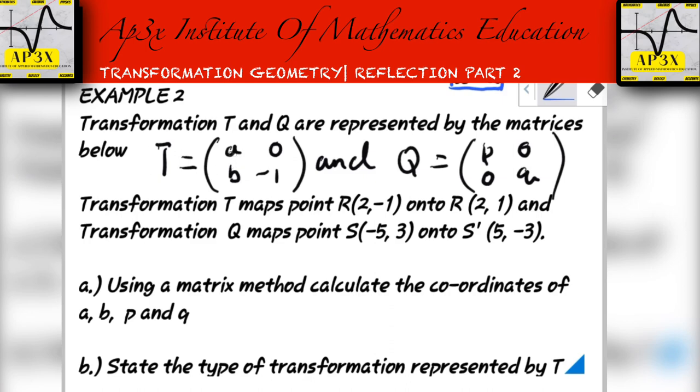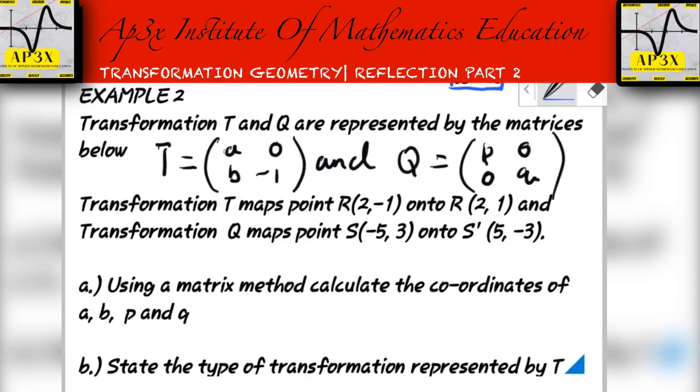T is A0, B -1. Looks very complicated, doesn't it, guys? It does, but it's not. It really isn't. Let's just have a look at how to evaluate this. So matrix T is A0, B -1, and matrix Q here is P0, 0, Q.